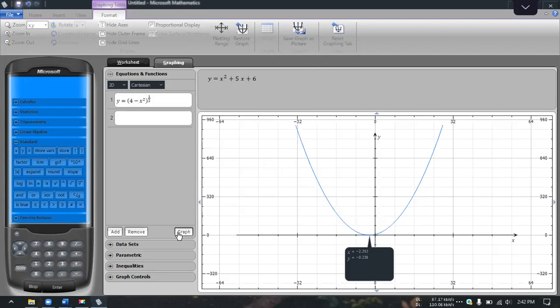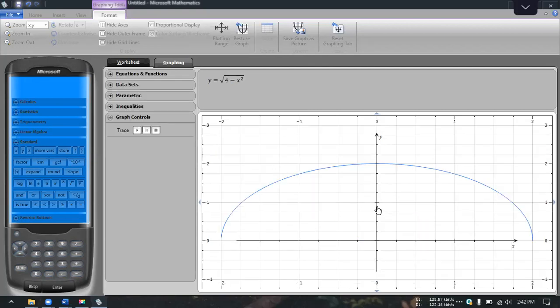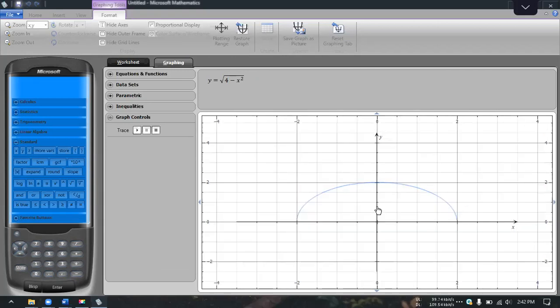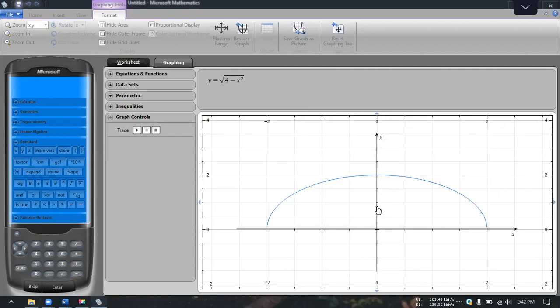And this is the graph of the function. Again, let's identify the range. These are the x values.